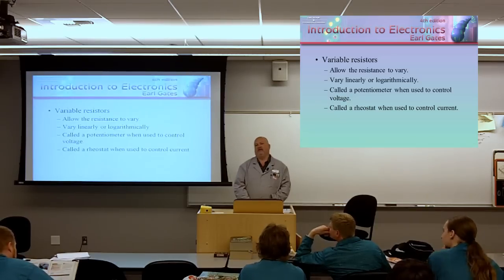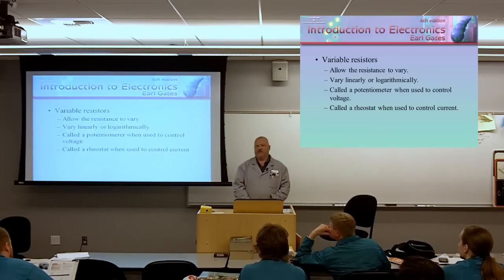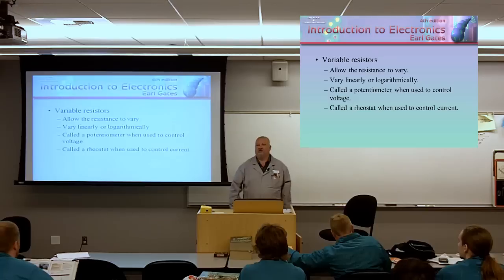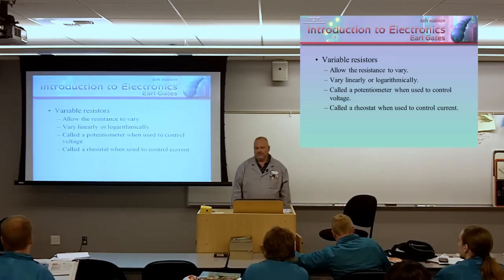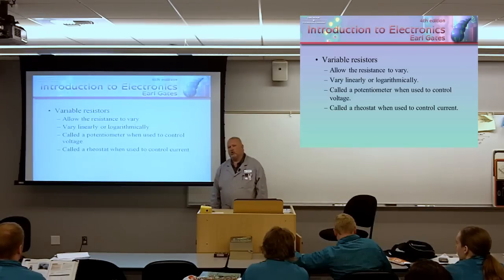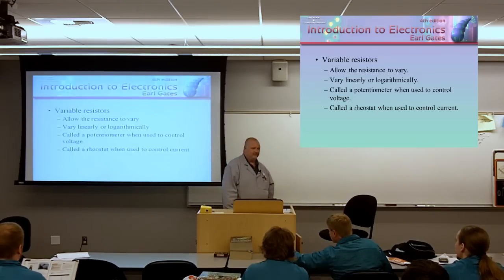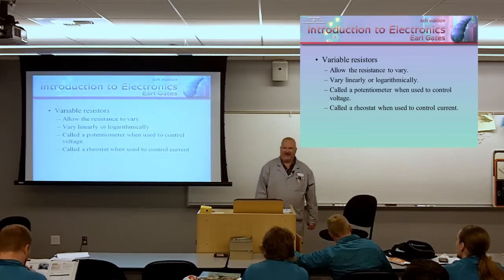But I want you first to hit the I believe button. What type of variable resistor do we use to control voltage? The answer is potentiometer. When we use a variable resistor to control current, we call it a rheostat.